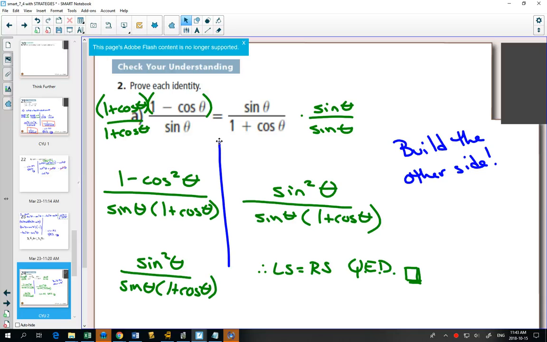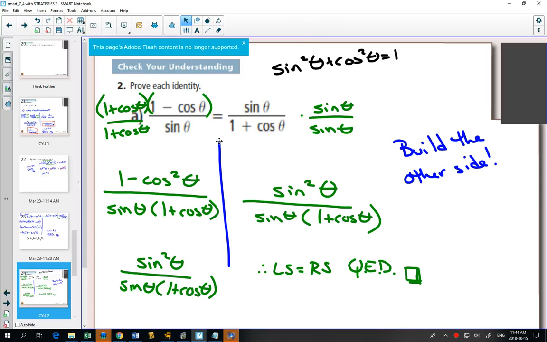Sorry, how did you get sine squared? On our formula sheet, you have sine squared theta plus cos squared theta equals 1, right? Can you rearrange that to get 1 minus cos squared on one side? What would be on the other side? Sine squared.